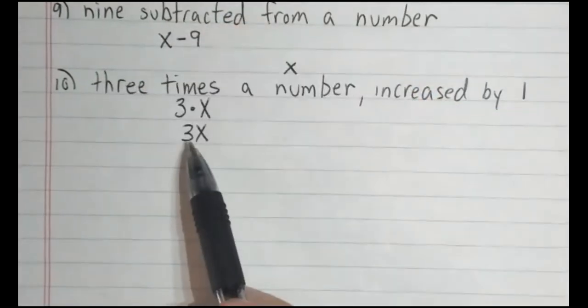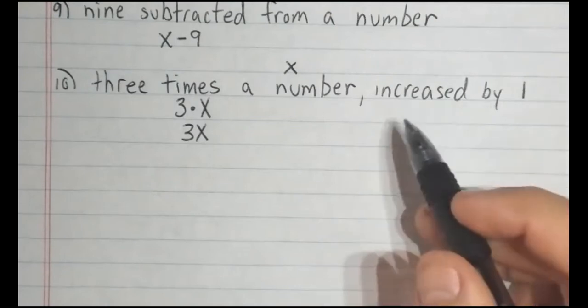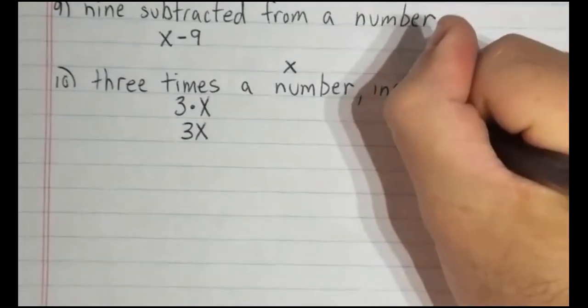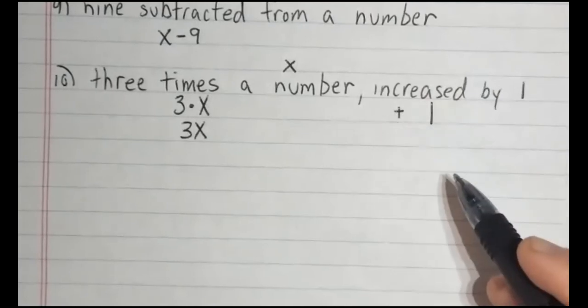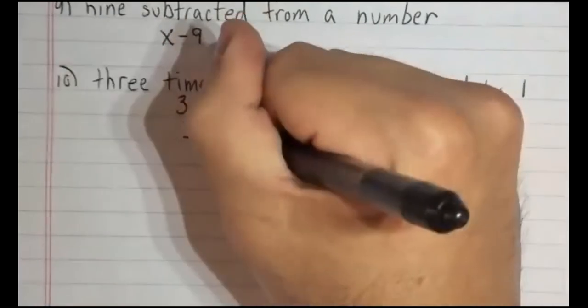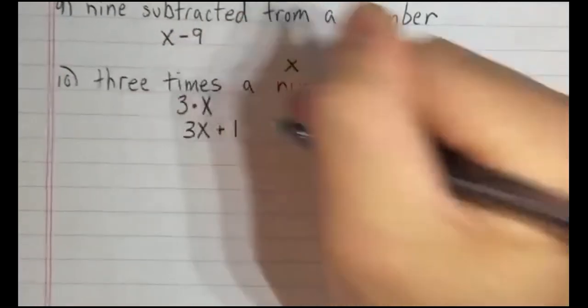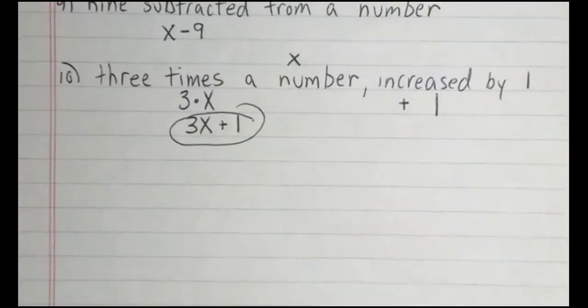So you don't normally put a multiplication sign in between them. You just write 3x, okay? And then increased by 1. Increased means we are adding 1. Decreased means we are subtracting 1. So basically, when you see 3 times a number increased by 1, it's 3x plus 1 would be your answer there.